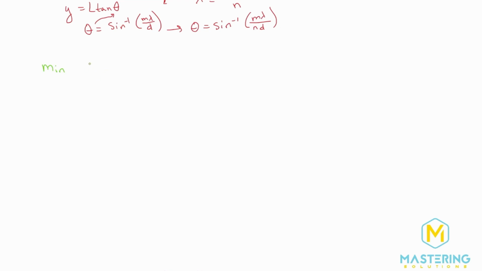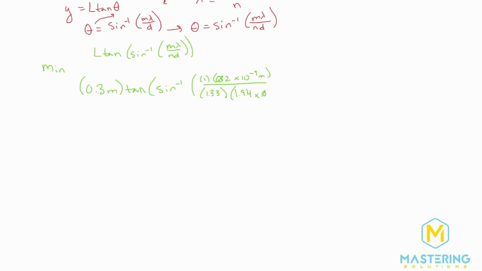Let's write this out first: L tangent of inverse sine of m lambda over nd. L is 0.3 meters times the tangent of the inverse sine of 1 times 632 times 10 to the negative 9 meters divided by 1.33 times the minimum, which is 1.94 times 10 to the negative 6.